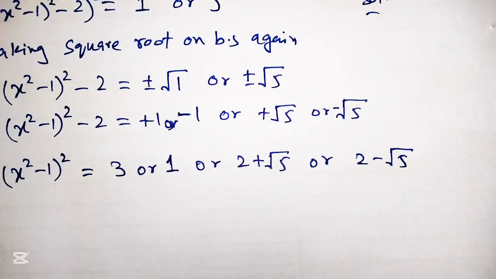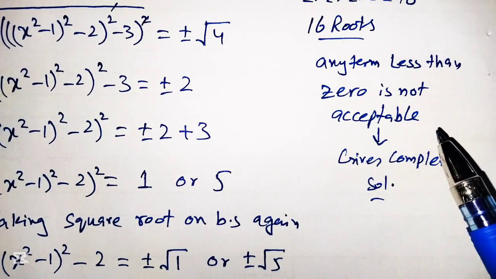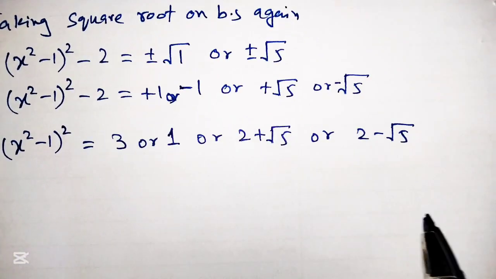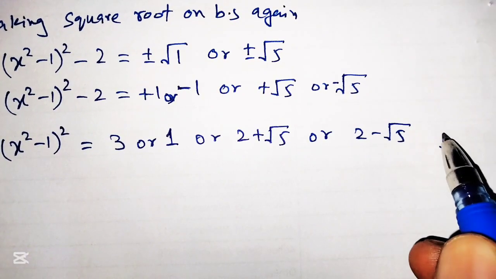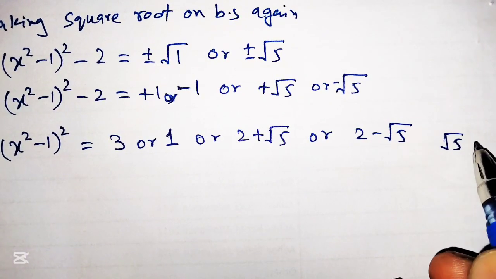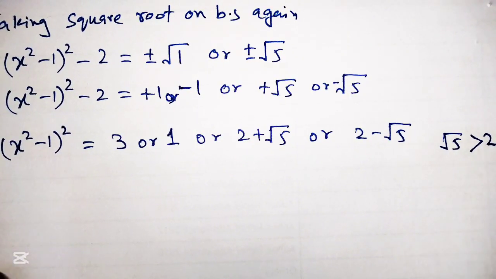Now, as we stated at the start, no term less than 0 is acceptable. From this we can see that the square root of 5 is greater than 2.